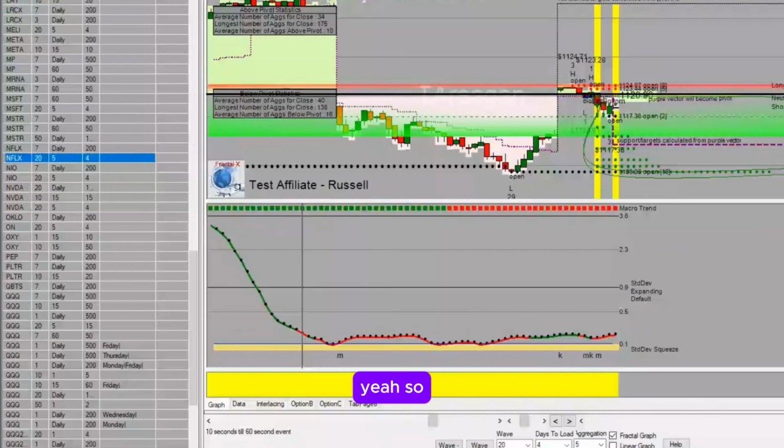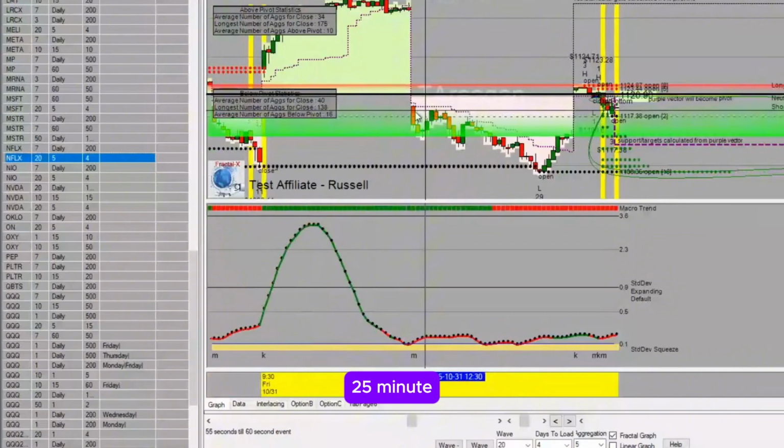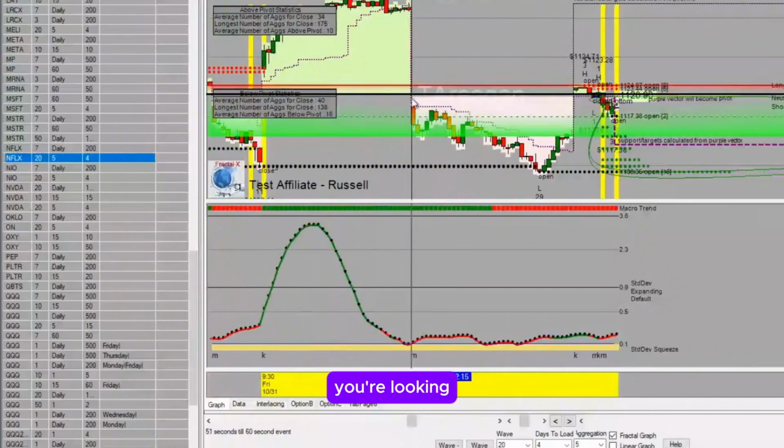Yeah, so I have this Netflix up. So it's wave 25 minute. Let's say you're looking for the long side, and on October 31st at 12:15 we went beneath the pivot line. Let's say you're looking long, you're like, "Oh, I know this thing's going to cycle above that pivot line for sure in the next 30 minutes just because I feel like it is."